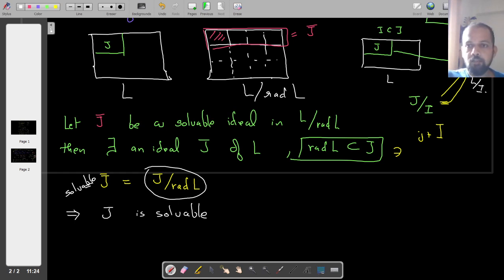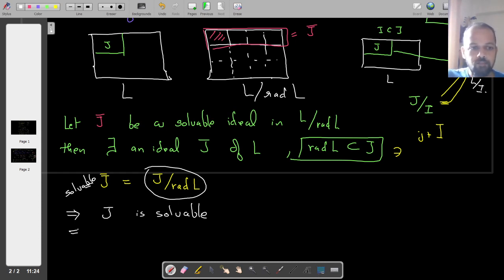Of course, I need to show that J bar is only 0, but that I will do now. So J is solvable. Radical L is contained inside J. That means what? Radical L is the largest solvable ideal. Now we've shown this J is solvable.